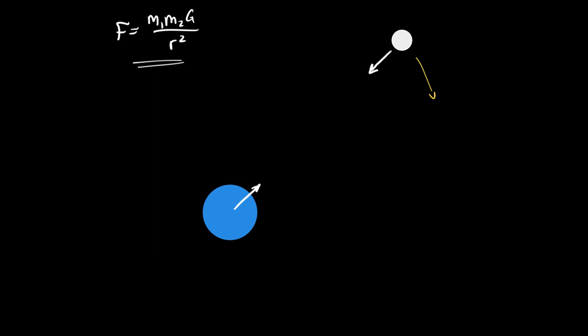The basis for all orbits is that the gravitational force is causing the object to travel in a circular path. We'll discuss two kinds of orbits: circular orbits and elliptical orbits. Circular orbits obey this rule, where the unbalanced force is equal to m a_c.